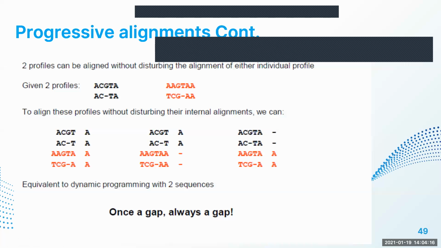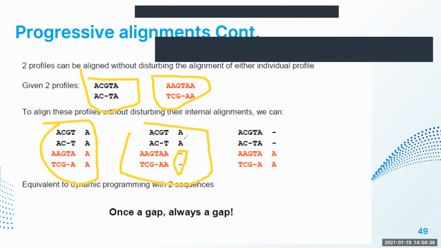Then this is the same thing, right? You can have several alignments. If you have two sets of alignments, you can either align like this, or introduce some gaps and align like this.